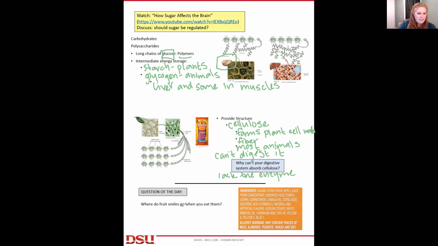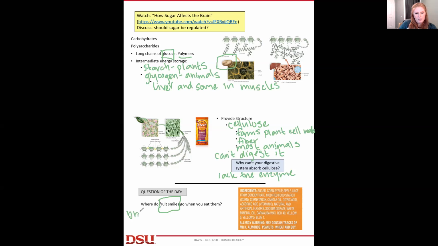But basically it's asking what happens here. Well, when you eat them, the fruit smiles are essentially a mix of macromolecules, mostly carbohydrates, okay? So when you eat them, your digestive system breaks them down through hydrolysis.